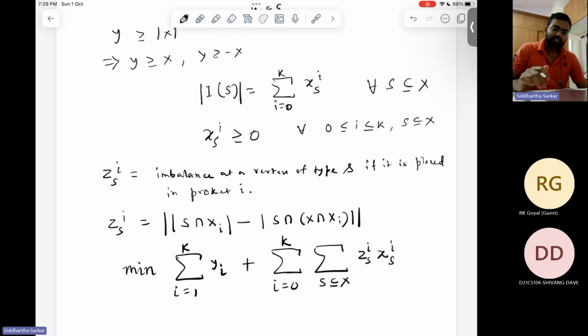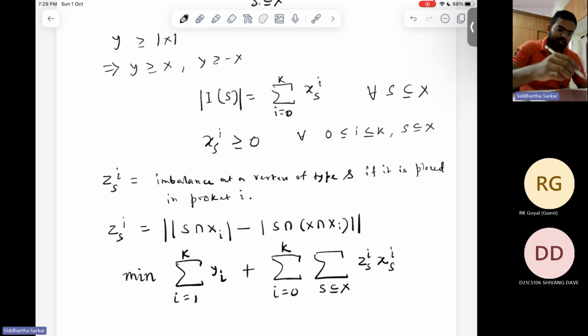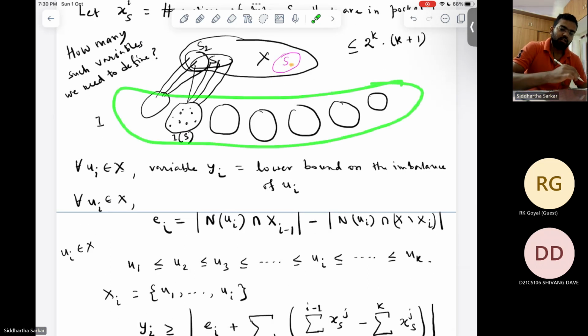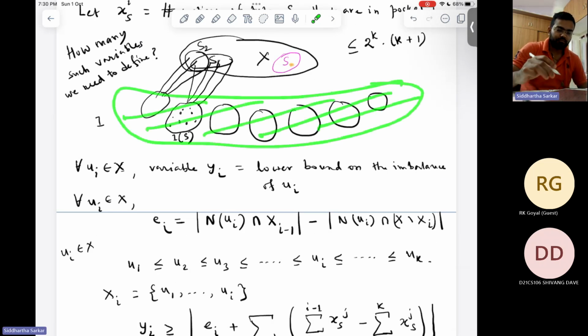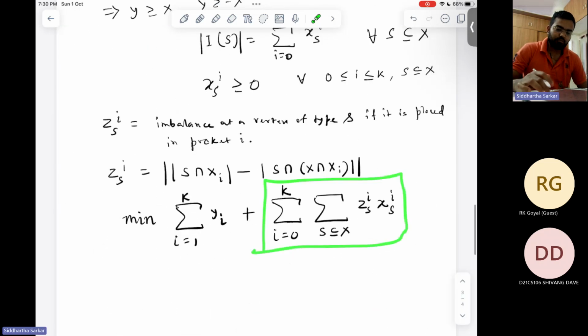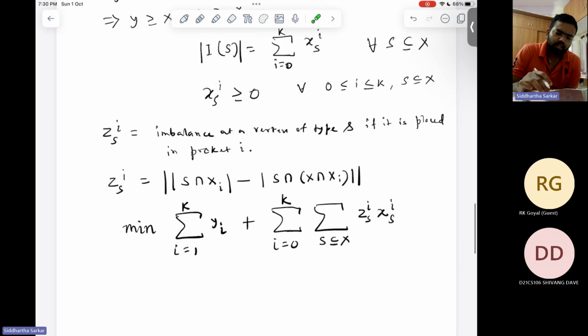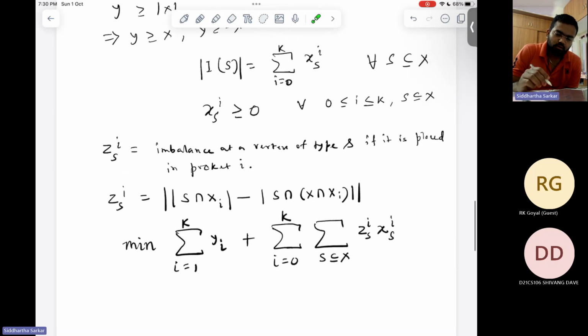This is the reason we defined ZIS and XIS. We want to compute the imbalance contributed by the vertices in the independent set. This is encapsulated by this term. So fix an i, so fix a pocket.